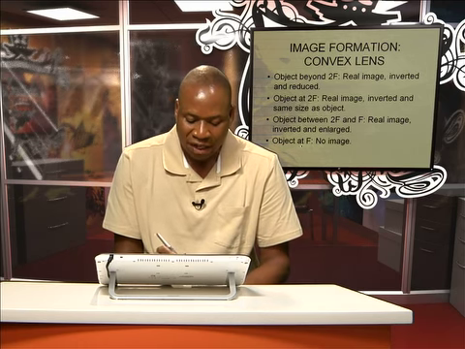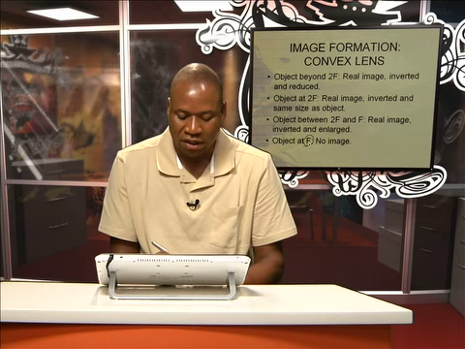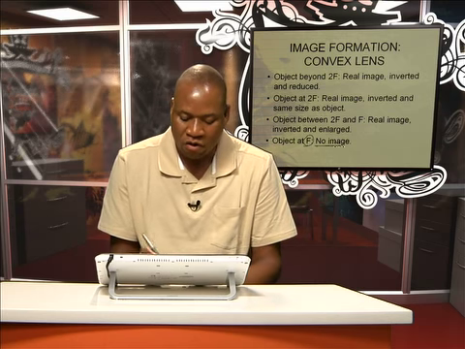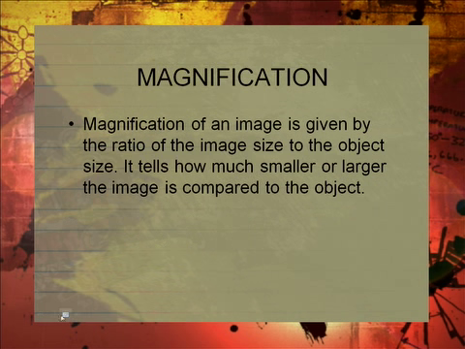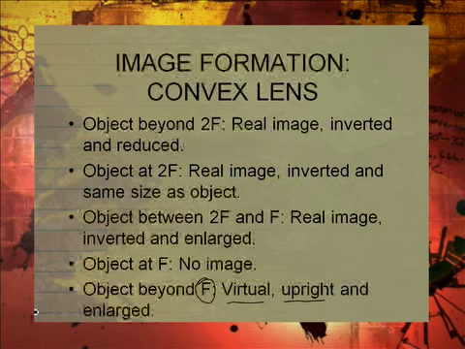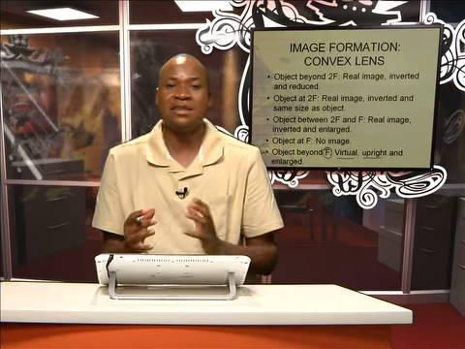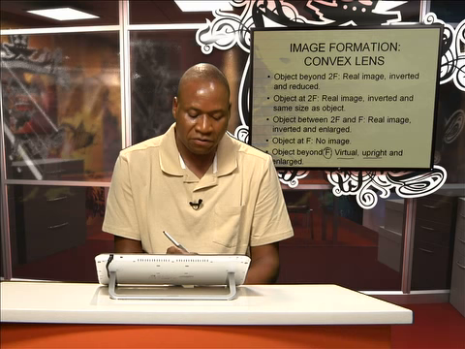If you have your object at f, the focal point, you would have no image being formed. And if you have your object between f and the lens, very close to the lens, you will have a virtual, upright image which is enlarged. So that's what you would have in these different cases of image formation.